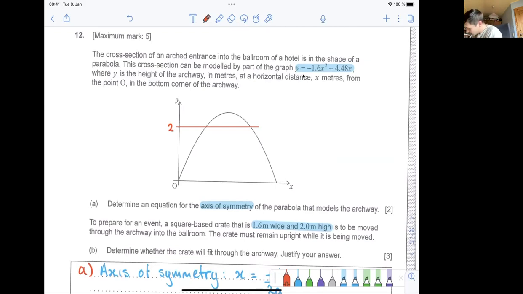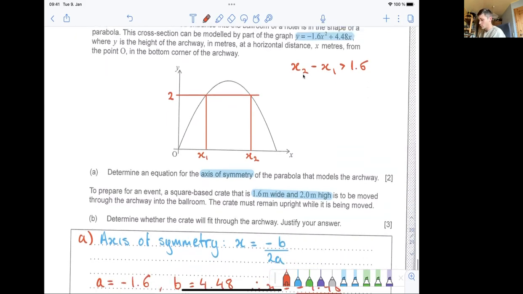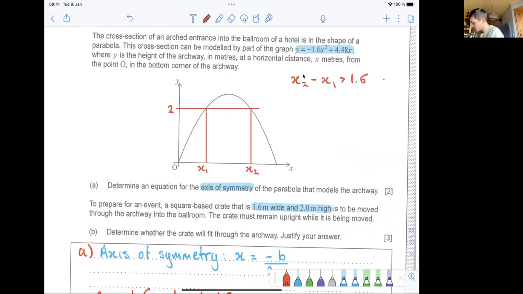Now, if the difference in x from this point here to this point here, how about we call this x1 and x2? Now, if x2 minus x1 is more than 1.6, so more than the width of the crate, then we're good.